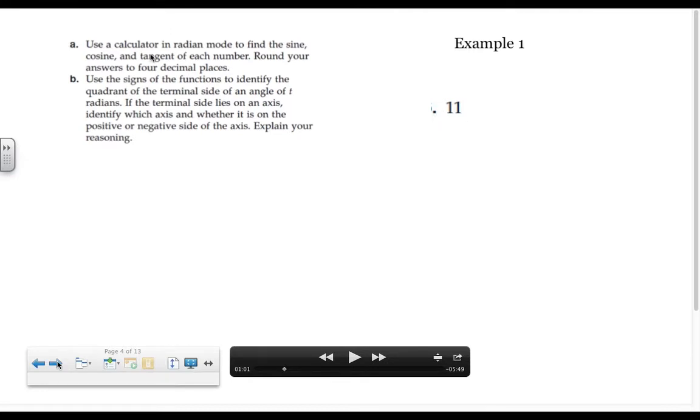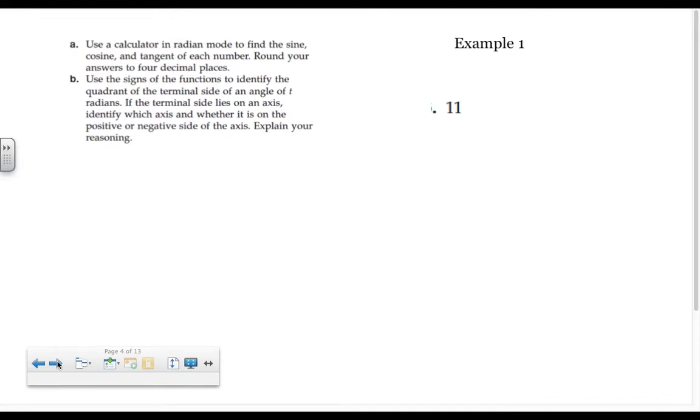All right. We're going to find the sine, cosine, and tangent of this one. And then we're going to identify what quadrant it falls in. And we can do that by looking at the positives and negatives. So let's go ahead and do this. We're going to take the sine, cosine, and tangent of 11. So sine of 11 is -1.